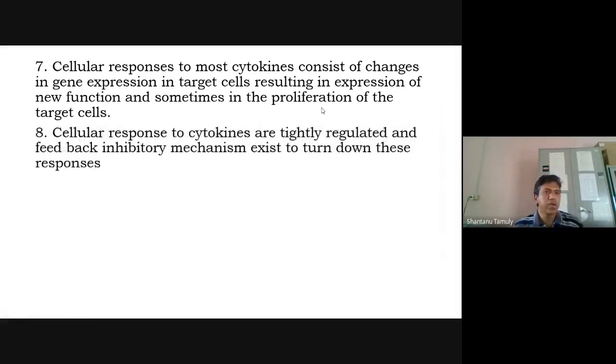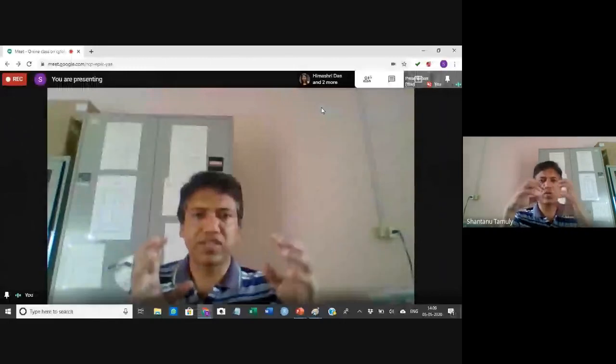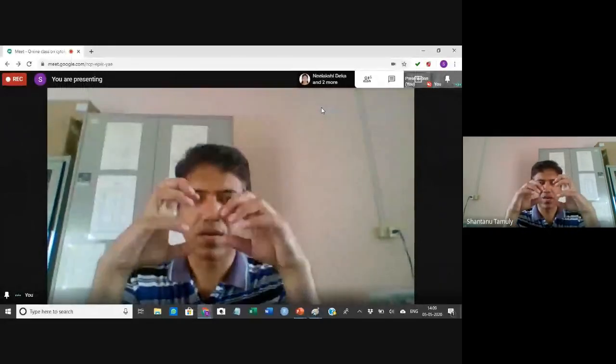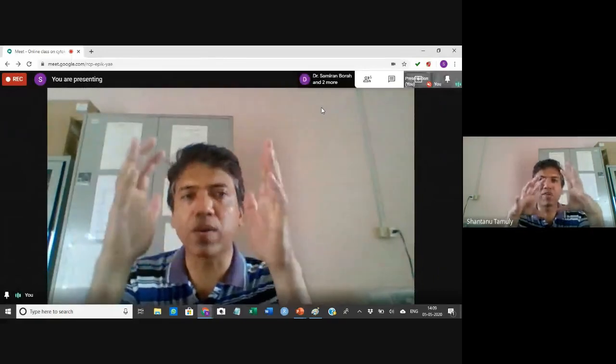Okay, now the cellular responses to the cytokines are tightly regulated, and a feedback inhibitory mechanism exists to turn down these responses. We have already discussed that the effects of some cytokines are subtractive. One cytokine has bound the cell, it is showing the effect, the cell is proliferating. Now you have to control the proliferation of the cell.